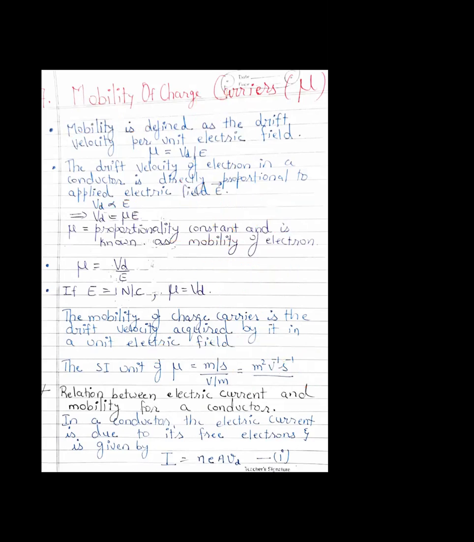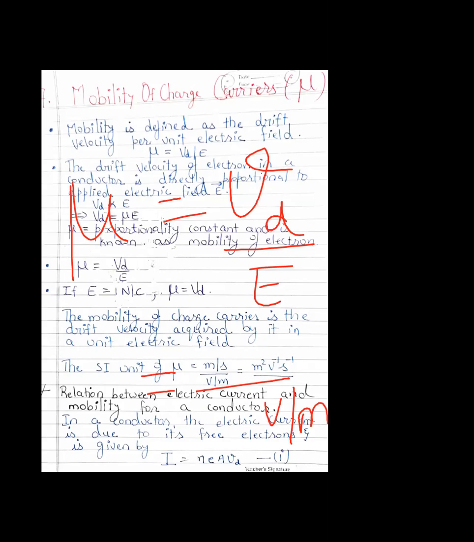Now suppose we need to define mobility. Mobility is Vd by E. If I make the electric field, that is volt per meter, as 1, as unit, then mobility mu will be equal to the drift velocity.